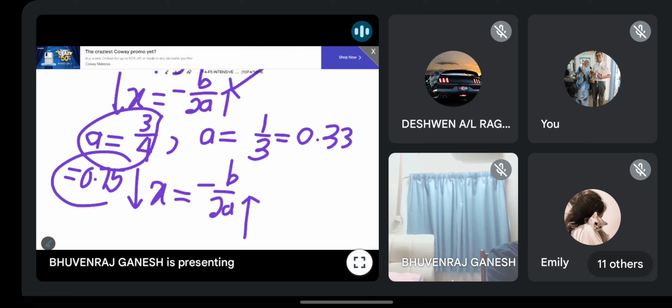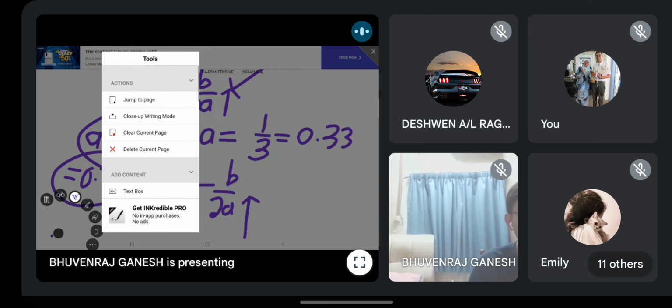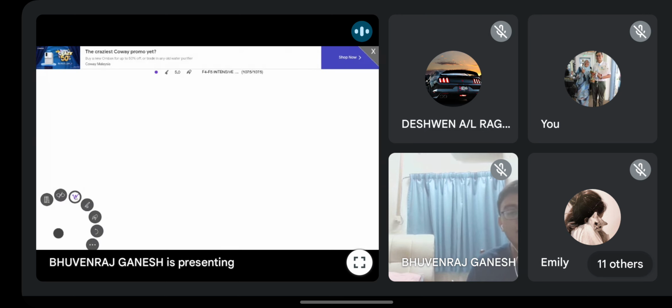So 0.75, a larger, x smaller, graph smaller. Okay guys, clear? These are the three formats they can give you: whole number, decimal, fraction. No other way. These are all the three cases. Okay guys, are you all okay on the positive one, before we go to the negative one?